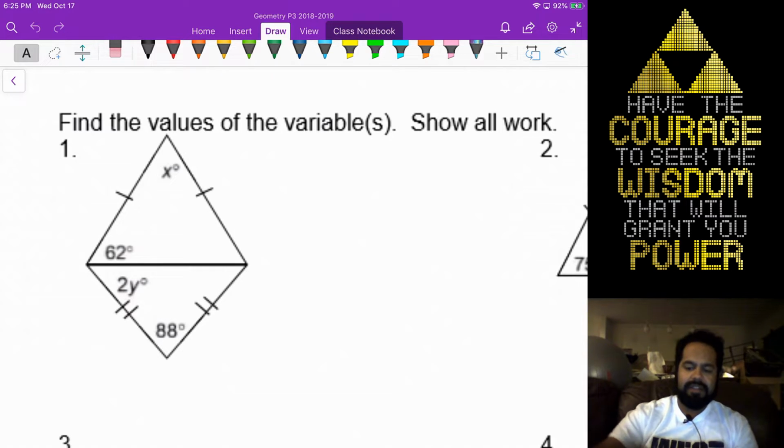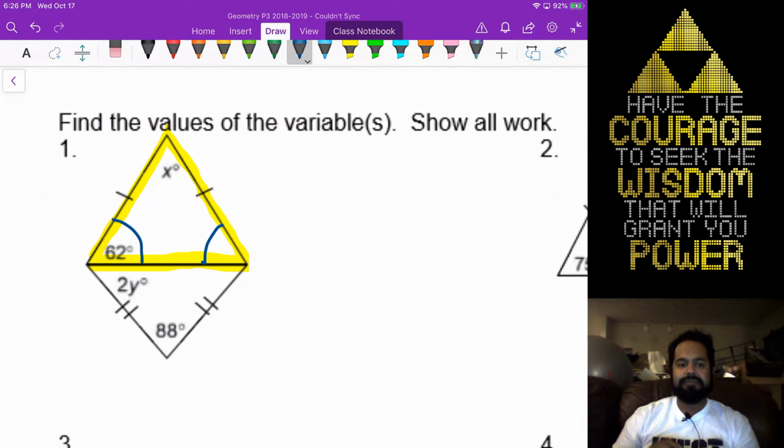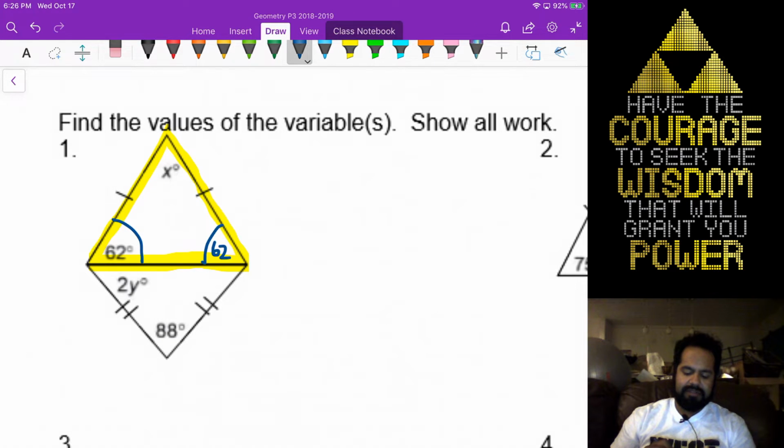Okay. We kind of did number 1 in class, but again, just making sure we understand the types of triangles we have. Isosceles triangles means 2 of your sides are going to be congruent, as well as their corresponding base angles. So in this case, we know that that angle is 62 degrees.